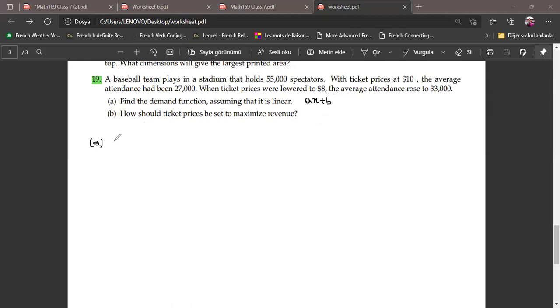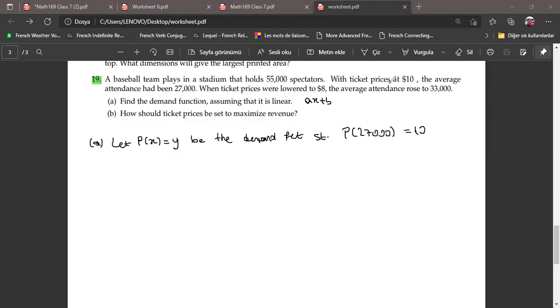All right, now first let p of x be y. This is the desired function, the demand function. So what do we know here? We know this is equal to 10.